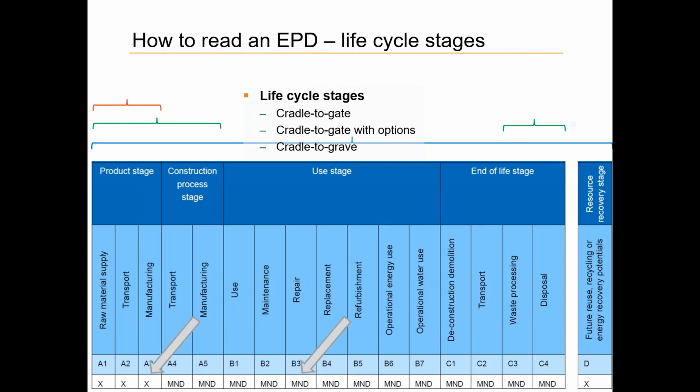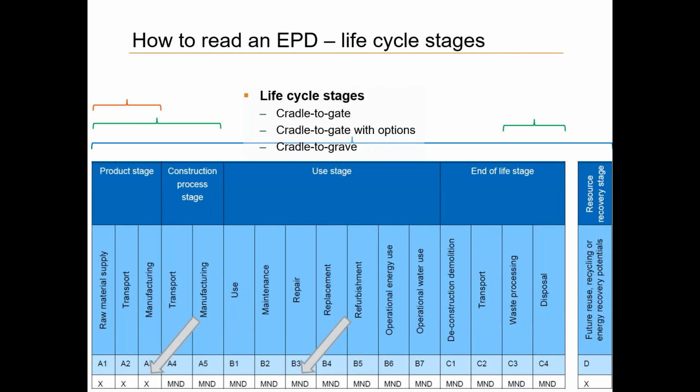You might have to maintain it. You might have to undertake repairs. There might even be a reason to replace it or to refurbish it. All those things can be taken into account. And if the product itself consumes energy or water, then that can also be reported in modules B6 and B7 in this case.